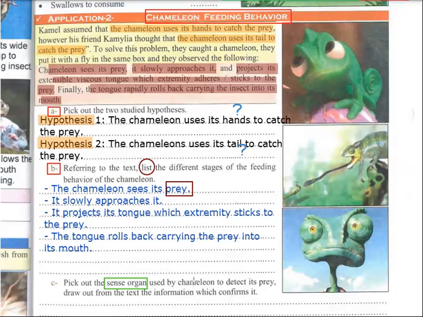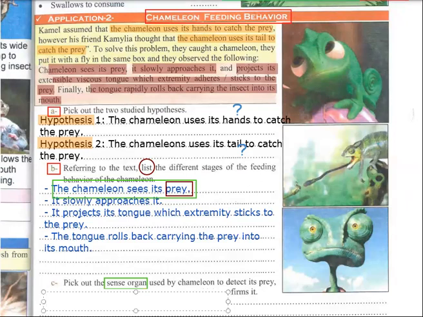How does it spot it? Look at the first sentence. The chameleon sees it. So which sense organ is the chameleon using? Yes, it is using its eyes. They are asking us about the sense organ. How did we know? Because in the text they mentioned that the chameleon sees its prey.